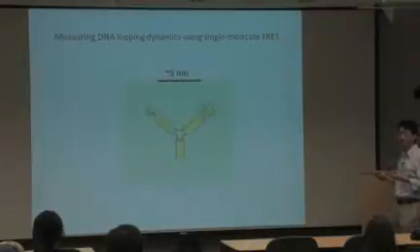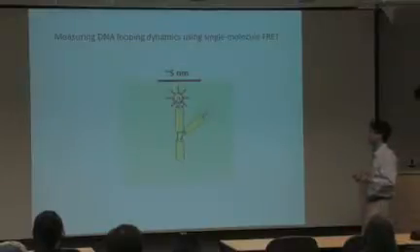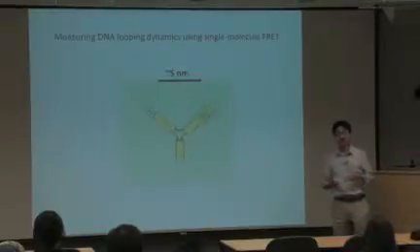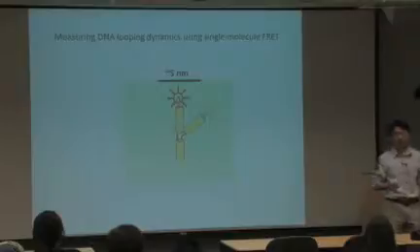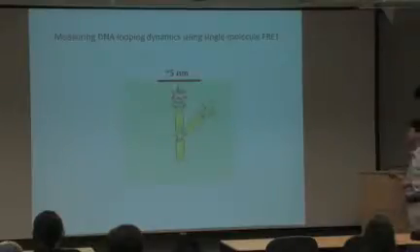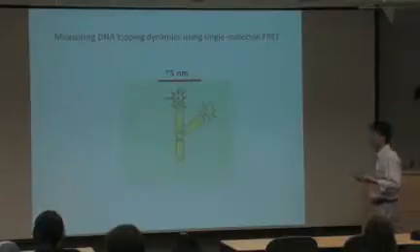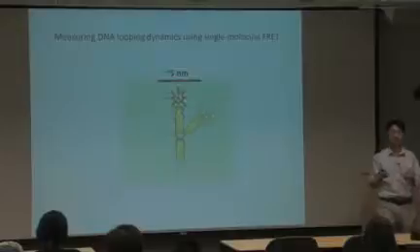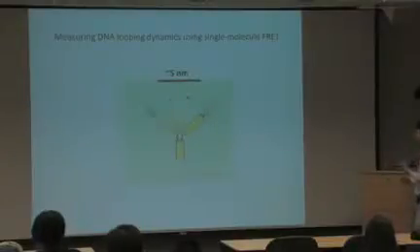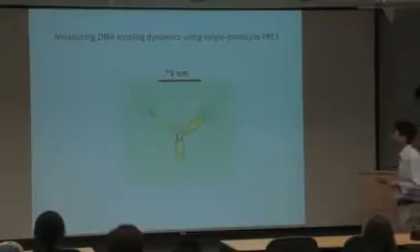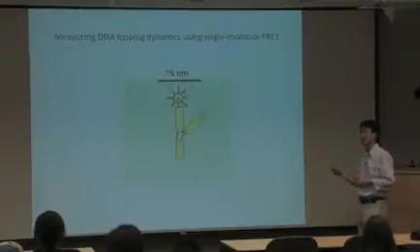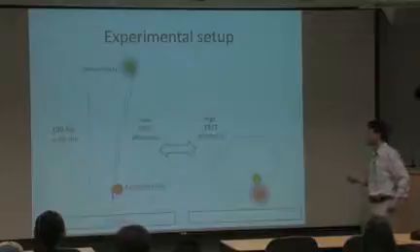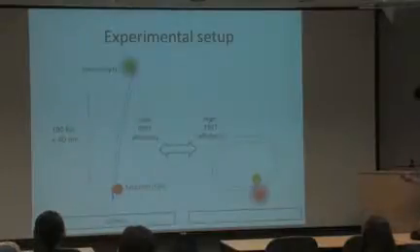However, when the distance between the two dye molecules becomes smaller than 5 nanometers, then, like I said, there's energy transfer from the donor to the acceptor. Therefore, the acceptor starts emitting fluorescence. So by looking at the relative fluorescence intensities, you can extract what's happening to the distance between the 2 dye molecules. This is a very powerful method to monitor conformational changes of biomolecules at nanometer length scale.